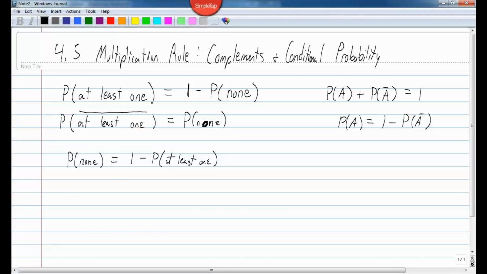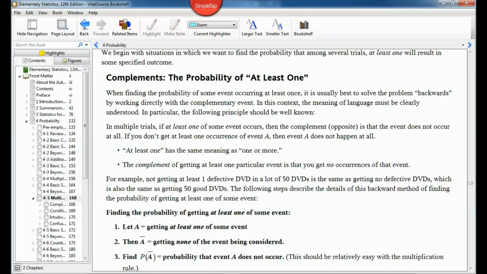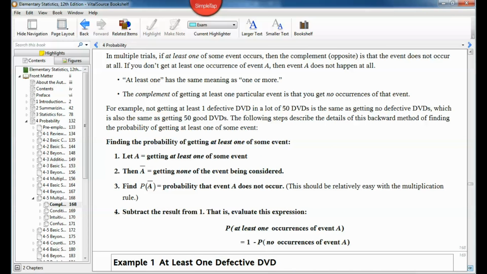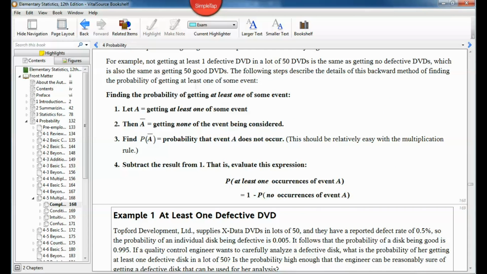Usually we will be looking for the probability of at least one, and somehow we can easily figure out the probability of none. So this first way that I wrote down is usually how those complements are used. And that's what your book goes through here on page 168, on how to find the probability of at least one of some event.